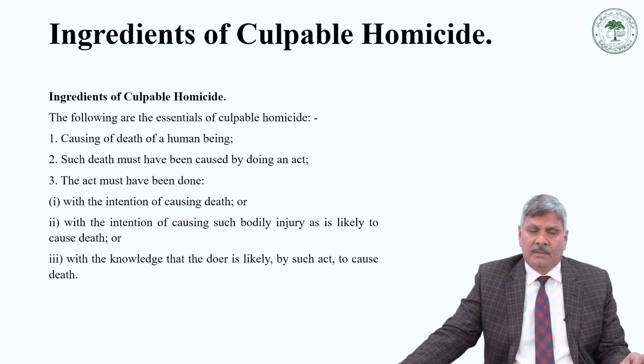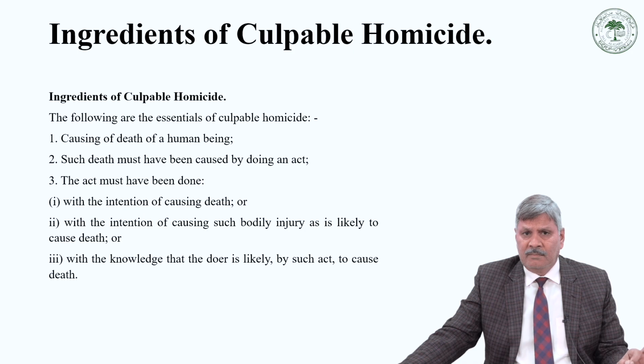Then the next is, by doing an act, that the accused person causes the death by doing an act. That is to say, that death may be caused in a number of ways, such as by poisoning, starving, striking, or communicating some shocking news, etc. The act here includes illegal omission also.